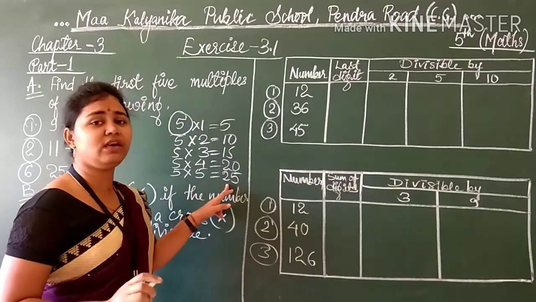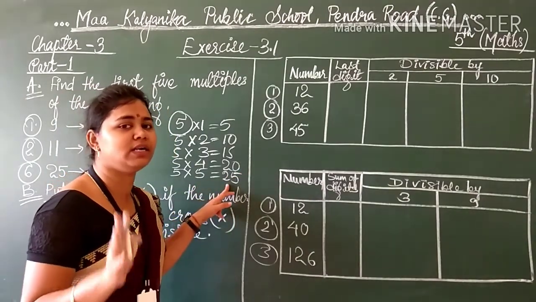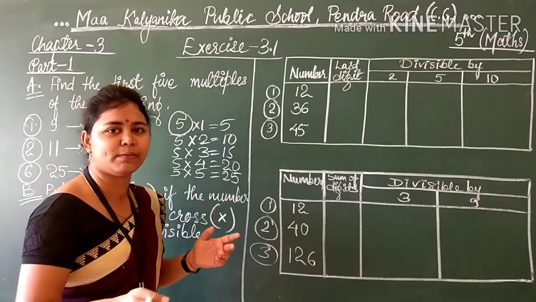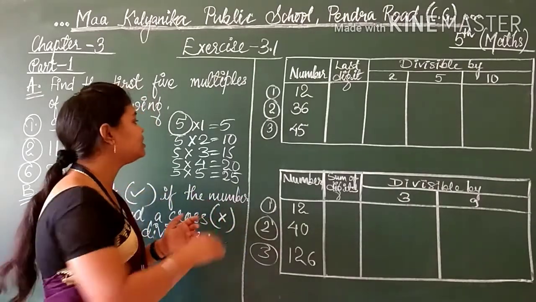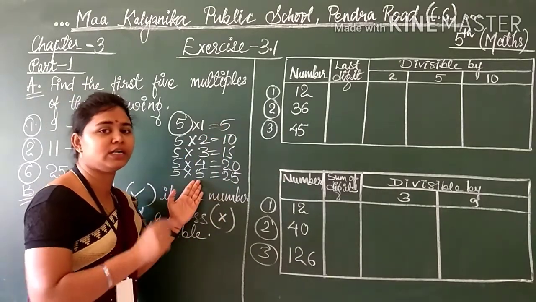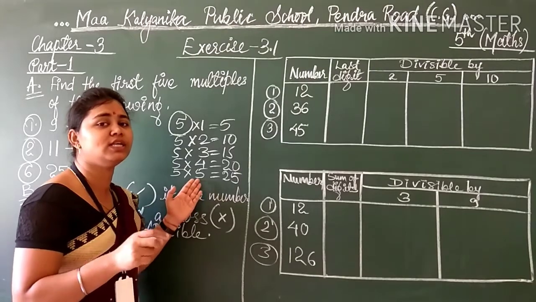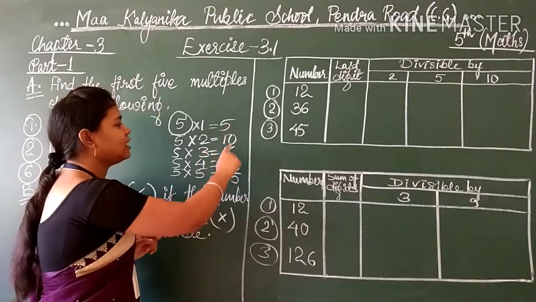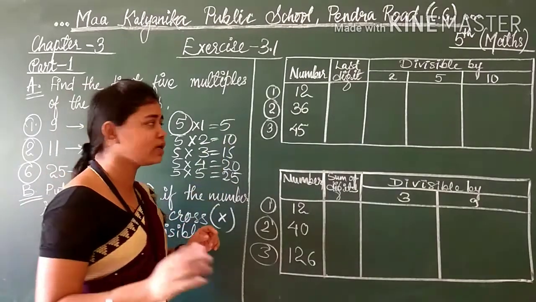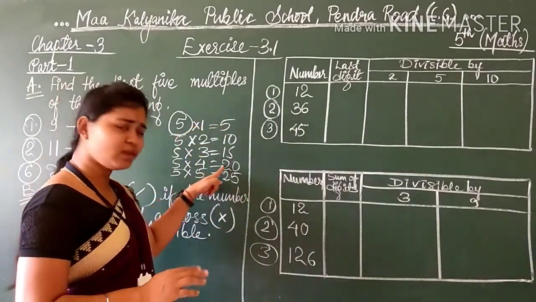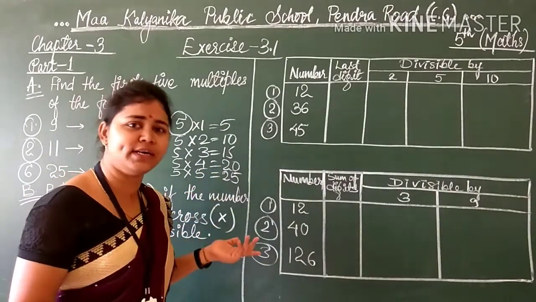But students, if it is asked to write the multiples of 2 or 3, any multiple you can write by multiplying with any number. It is not compulsory that you write 5, then 10, then 15. If you write 5, 20 and 25, that is also correct.